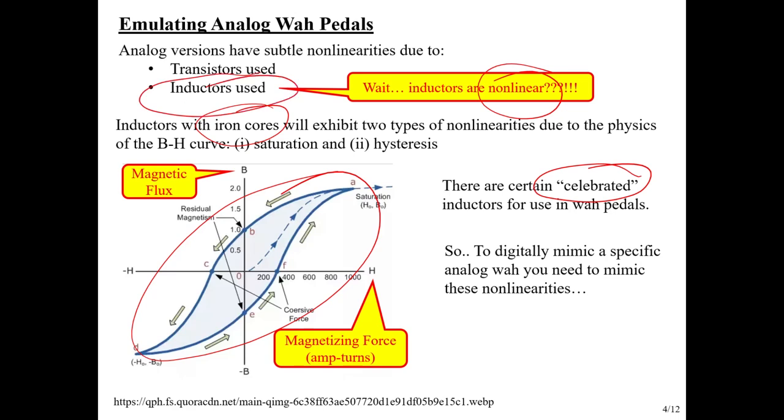Now, we don't talk about how to model nonlinear inductors later, but the ideas that we use, we'll focus mostly on diodes, can certainly be used to model the nonlinearities of inductors as long as you can describe that nonlinearity mathematically. Then you can put that into your mimicking digital processing. But that's the idea. So, like I said, you need models.